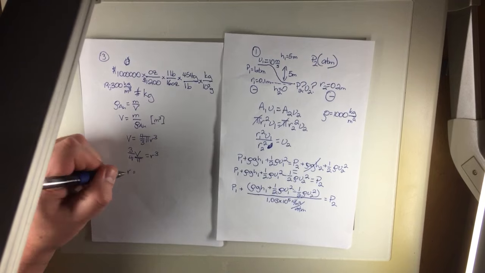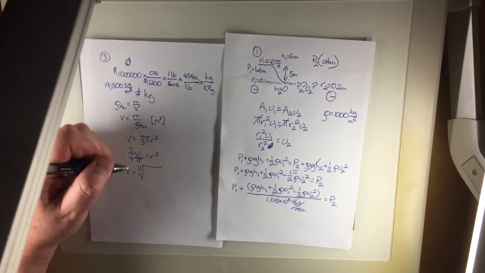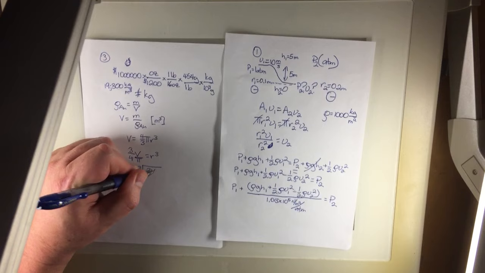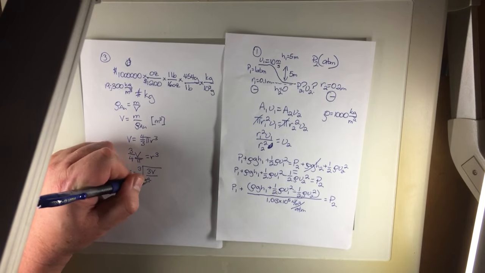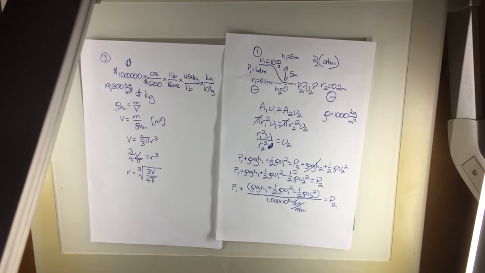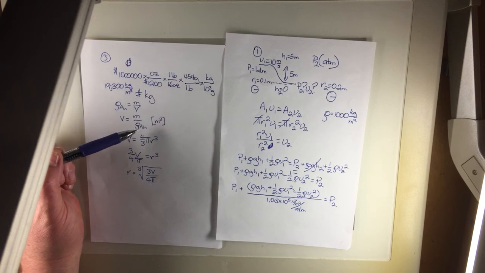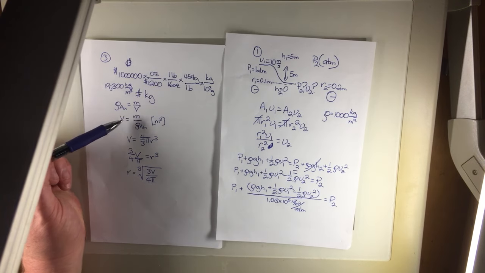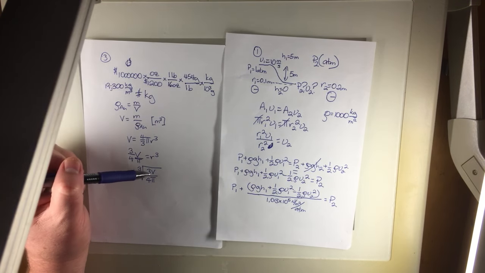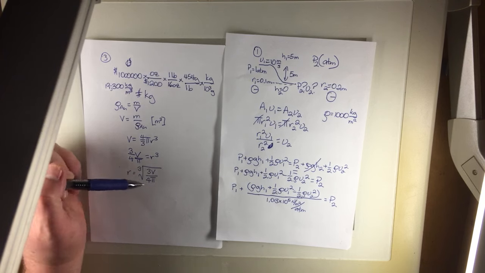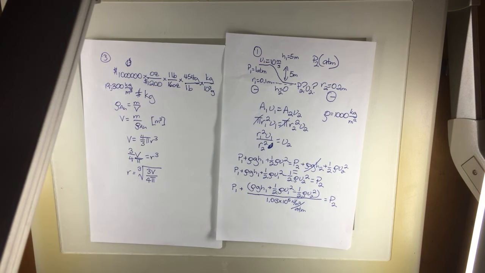So r is the cube root of 3V over 4 pi. So you have to get the mass first, divide by density to get volume, then plug it in there, and do the math, and then you've got it. It's a combination of geometry and density.